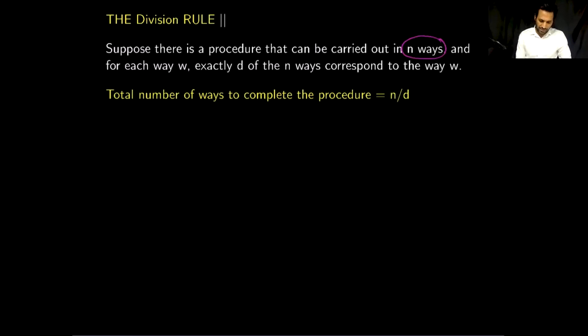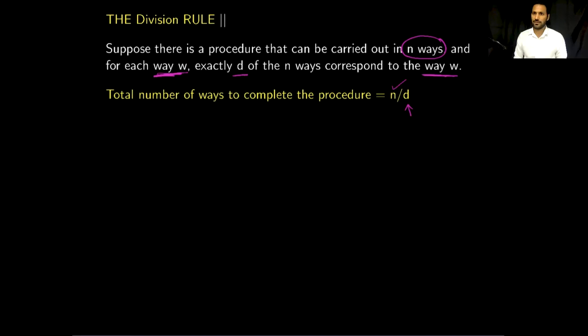If you pick a way w, and there are d repetitions corresponding to that way w, then in order to remove these repetitions we use the division rule, which states that the total number of ways to complete the procedure is n, the total number of ways, divided by the repetition of the way w, which has exactly d of them.